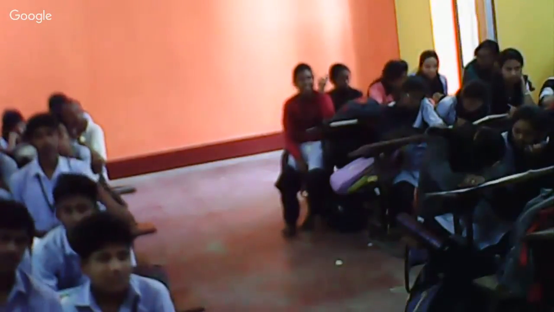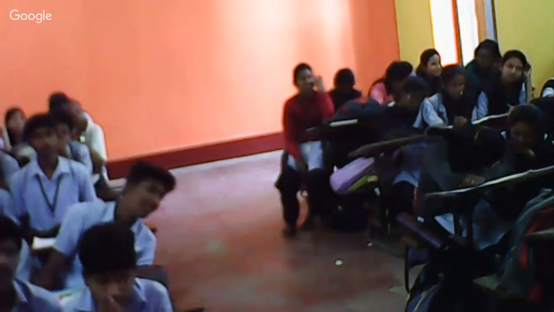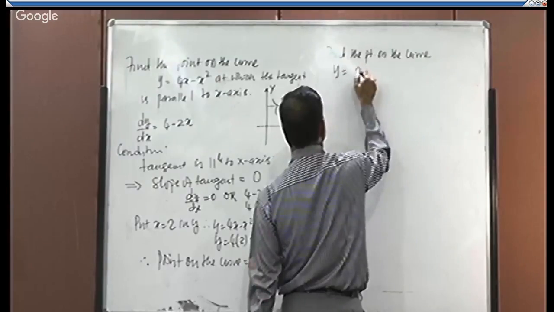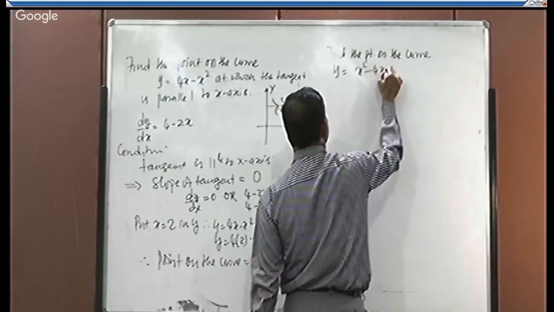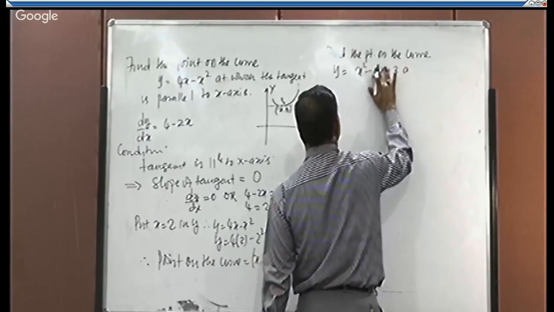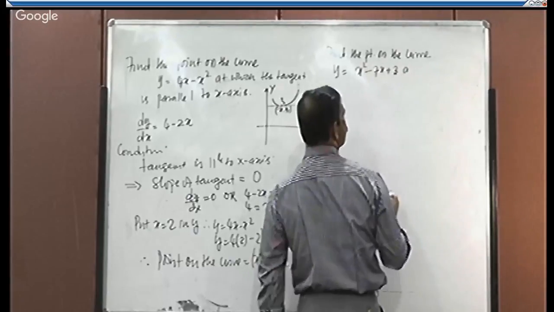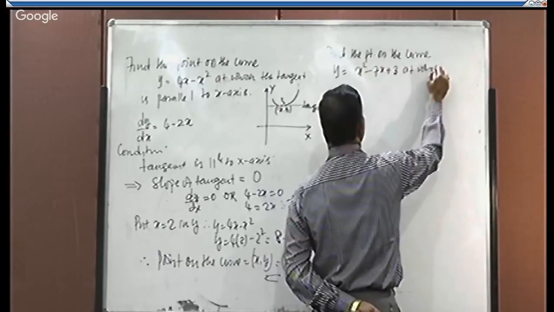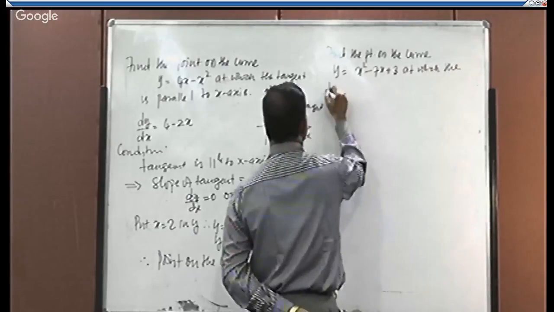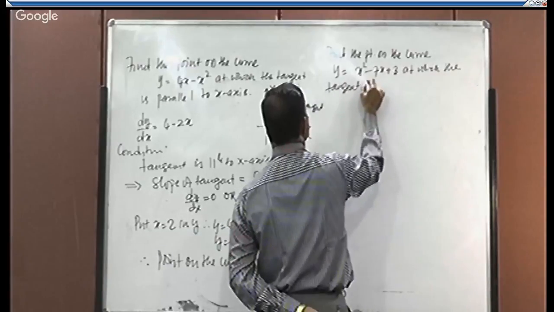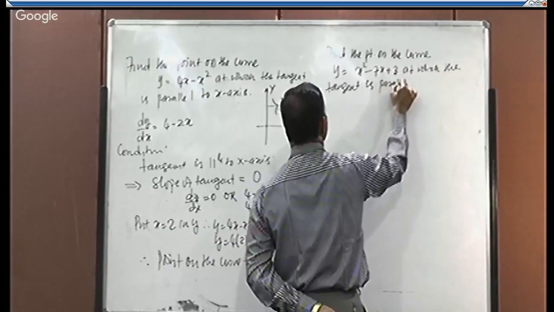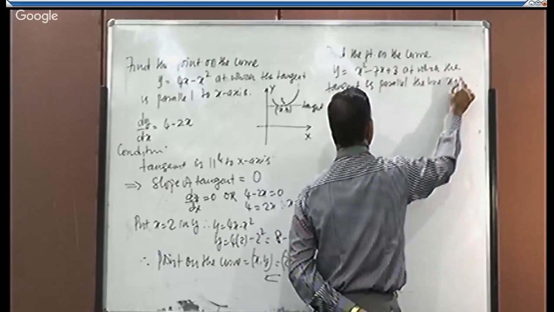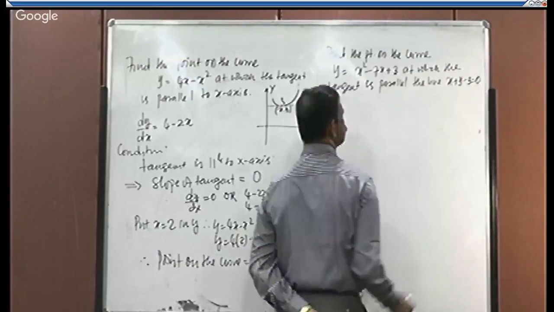Find the point on the curve y is equal to x square minus 7x plus 3, at which the tangent is parallel to the line x plus y minus 3 is equal to 0.